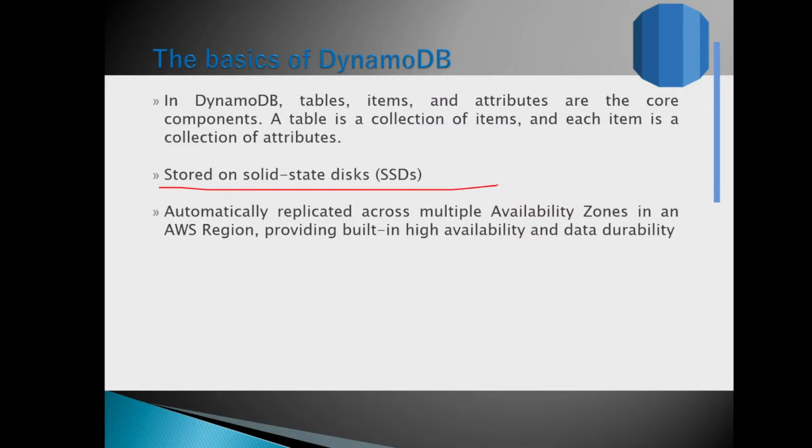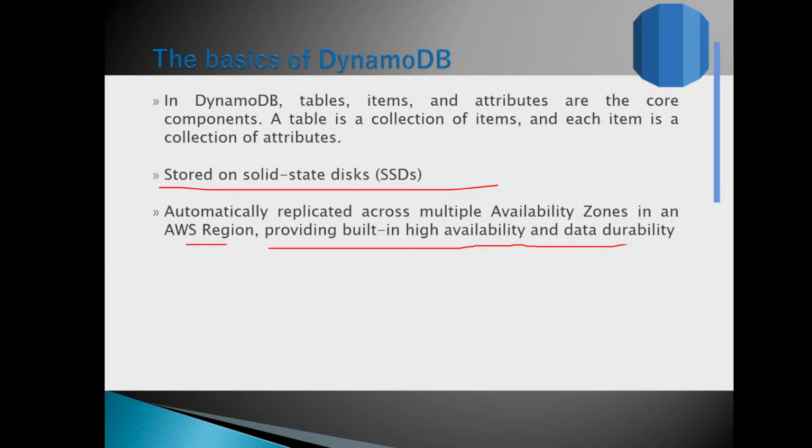Your data is stored on SSD. Automatically replicated across multiple availability zones in a given region. Provides inbuilt high availability and data durability. So you don't need to worry about how this data is stored, but it is replicated across multiple availability zones within the region.